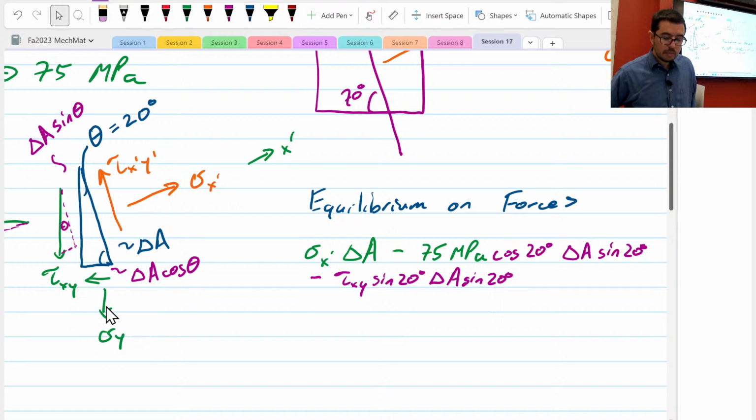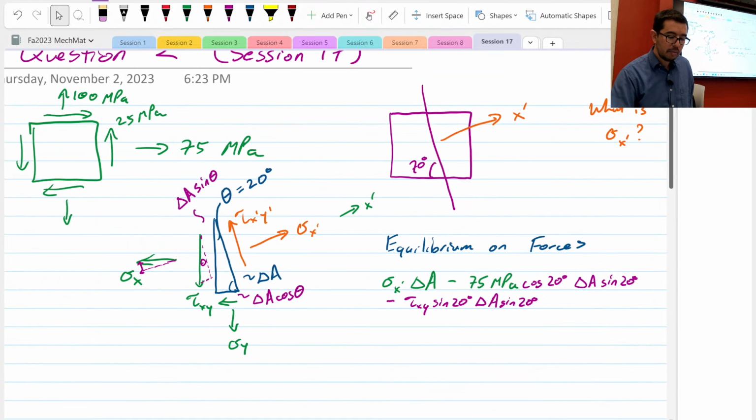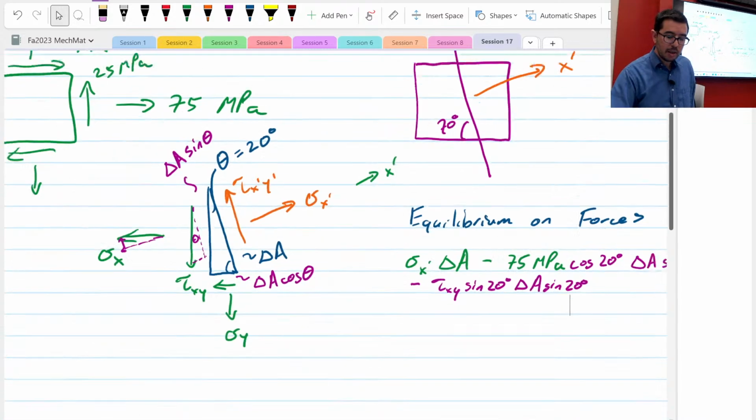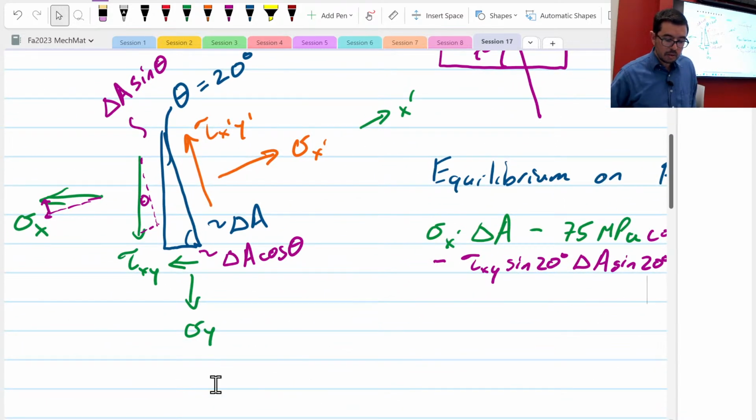Down we go to sigma y. Is sigma y contributing positive or negative? Well, sigma y was 100 megapascals, right? So 100 megapascals, if I break it into its components, it's going to be contributing. I can go this side this time.